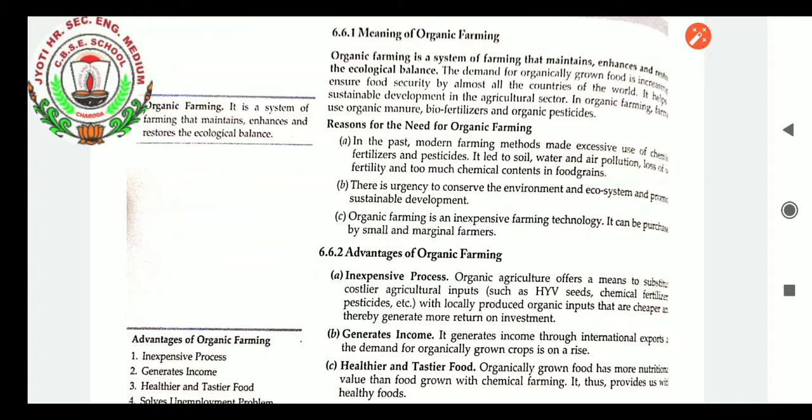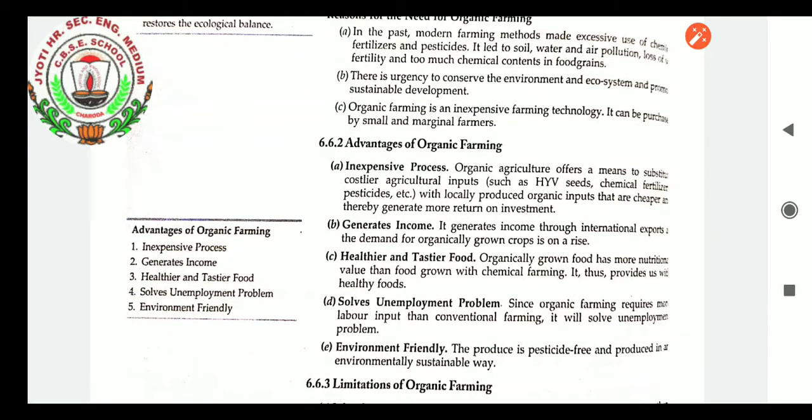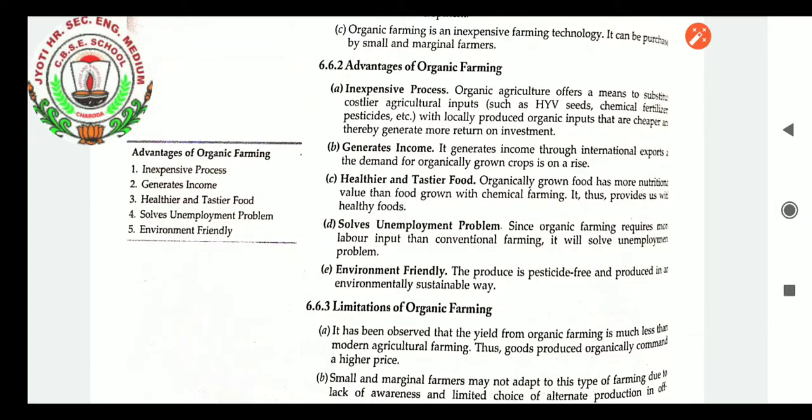There is urgency to conserve the environment and ecosystem and promote sustainable development. Organic farming is an inexpensive farming technology. It can be purchased by small and marginal farmers. Advantages of organic farming, when we see, inexpensive process. Organic agriculture offers a means to substitute costly agricultural inputs such as high yielding variety seeds, chemical fertilizer, insecticides, etc. with locally produced organic input that are cheaper and thereby generate more return on investment.